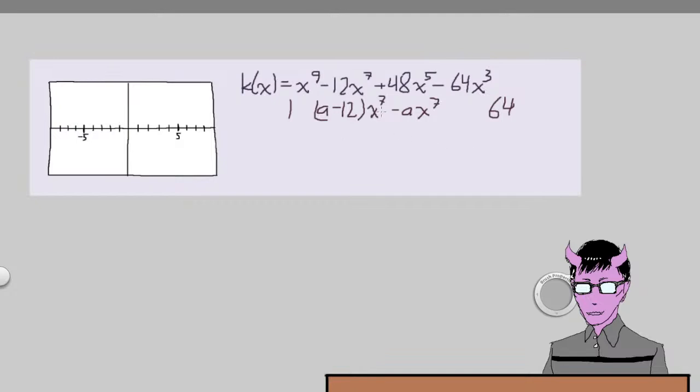And we could set up a system of equations with that one, and we could also set it up for 48x power 5, but I think it's more trouble than it's worth. The reason why I'm saying that is because the factors of 24, there aren't that many of them, and this is just coefficient 1, so we could probably just get away with synthetic division. Yeah, let's do that instead. Okay. But there seems to be some sort of pattern, right? So that's kind of alarming.